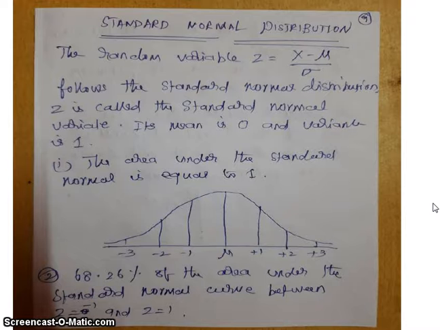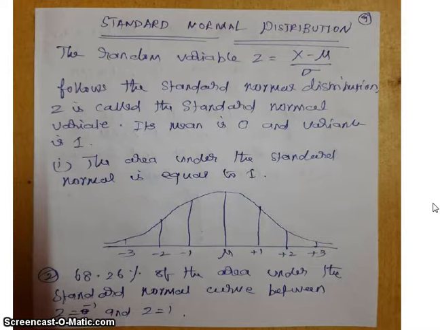Here the standard normal variable z is equal to x minus mu divided by sigma, which follows the standard normal distribution. Z is called the standard normal variate.